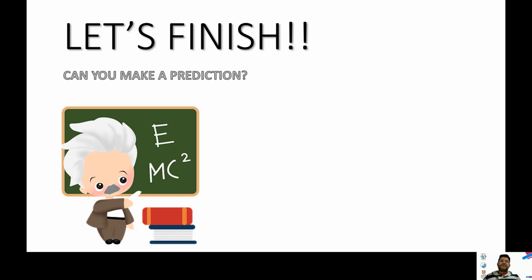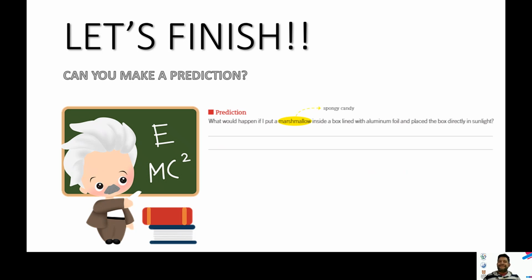So guys, the question is, can you make a prediction? Okay, in our books, we have that prediction part. Guys, what would happen if I put a marshmallow, that sponge candy, inside a box lined with aluminum foil and place the box directly in sunlight?